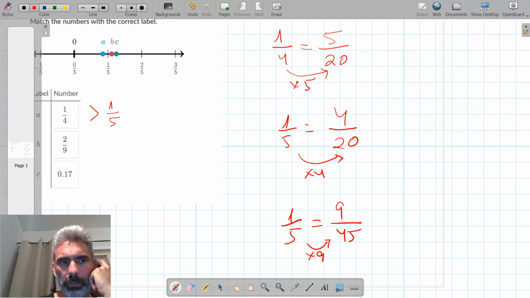And now I convert 2/9 to a fraction with 45 in the denominator.